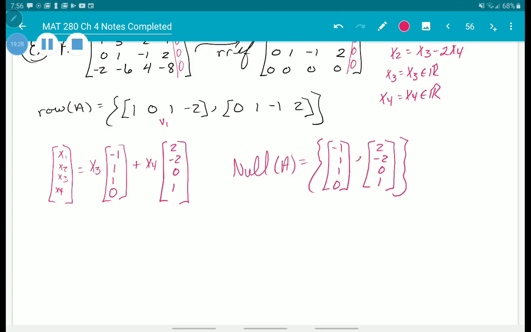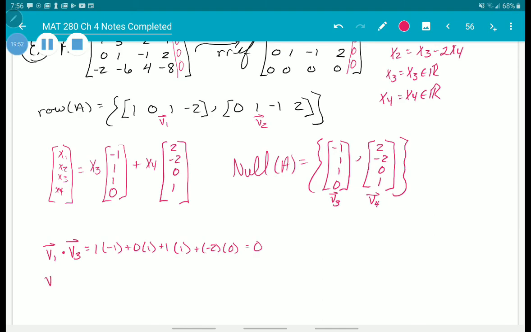So I'm going to call this V1, V2, V3, and then V4. If I take V1 and dot it with V3, 1 times negative 1 plus 0 times 1 plus 1 times 1 plus negative 2 times 0, that's going to give me 0.